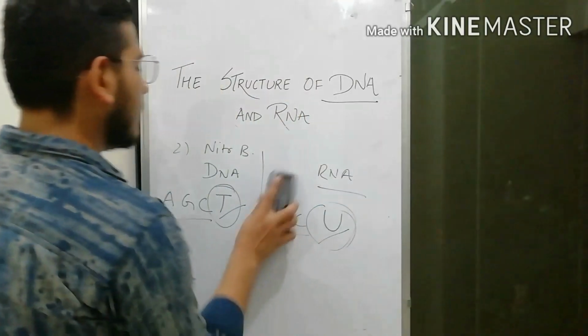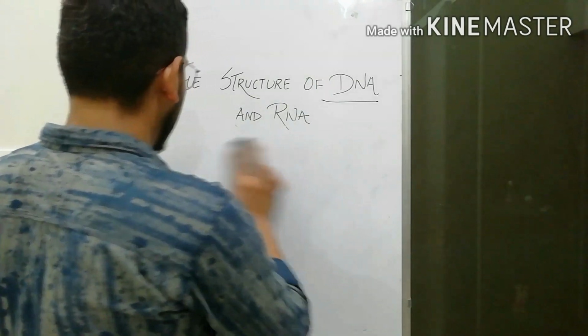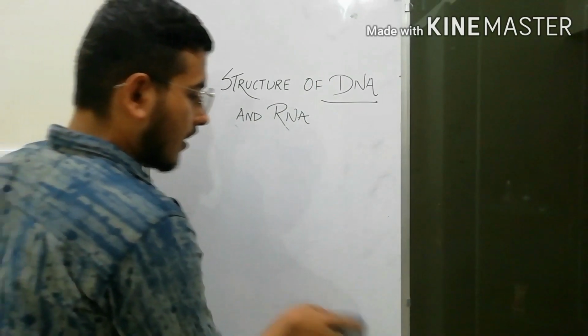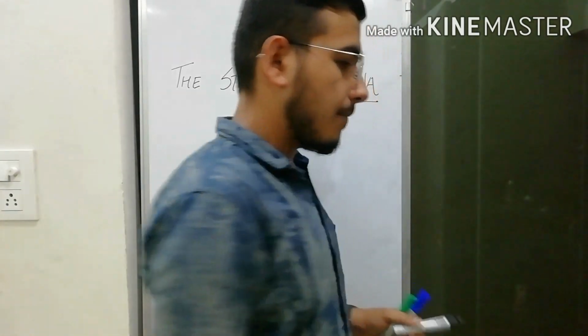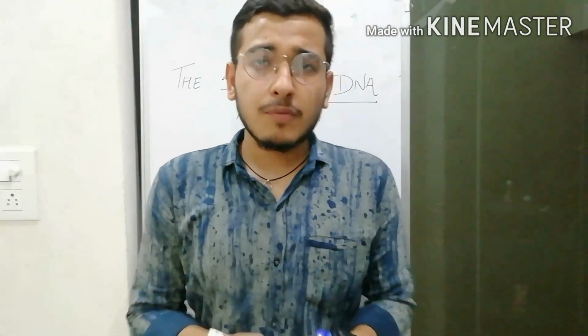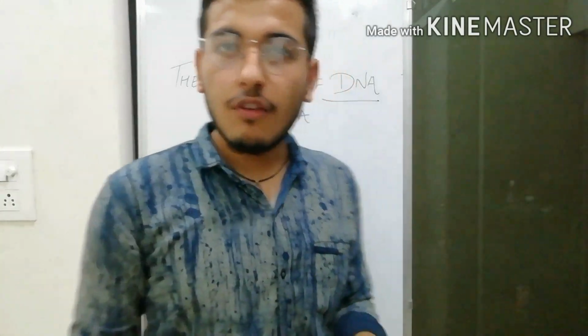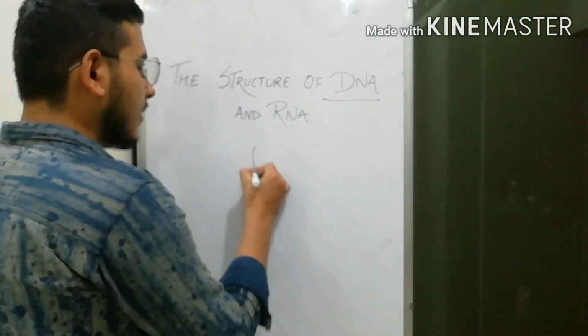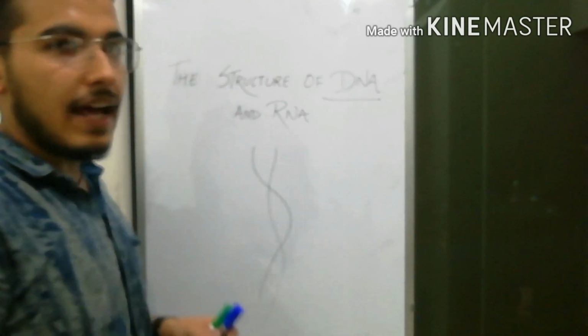Now if we study DNA, a very good model was proposed by Watson and Crick, the double helix model of DNA. They said that DNA is a double helix.